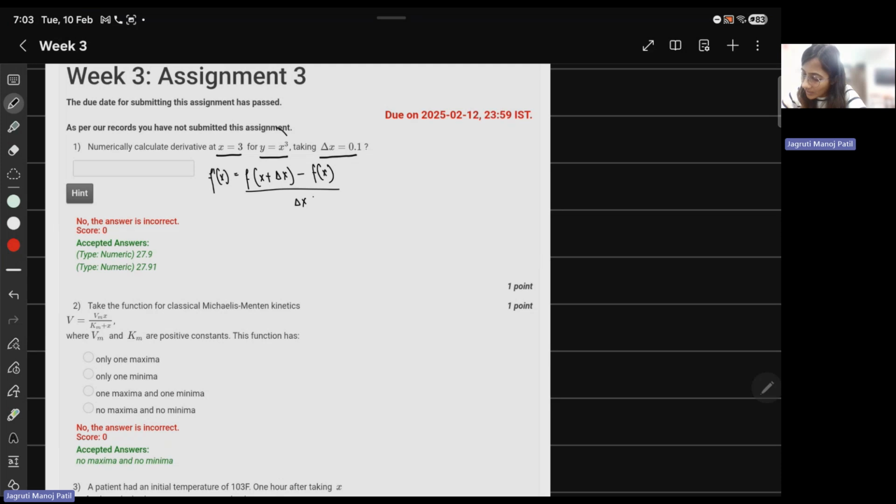Now you take y equals x cube here. So you have x plus delta x whole cube minus x cube, divided by delta x, right? And remember that all of this is within a limit where delta x tends to 0. Okay, that's how it's being done.